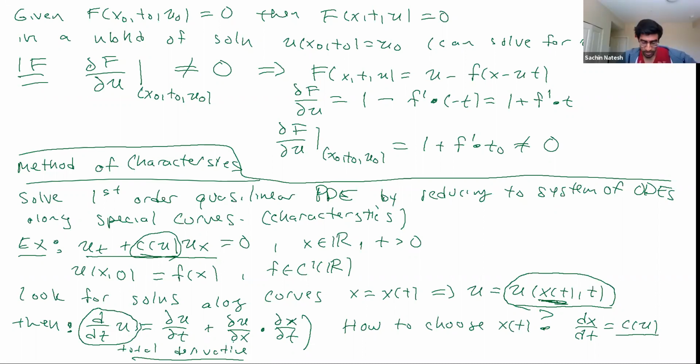I have a quick question. In our example for the general transport equation, we parameterize x by t, but what we're really doing is just saying t is equal to s, right? So t is equal to tau in this case. Yes.